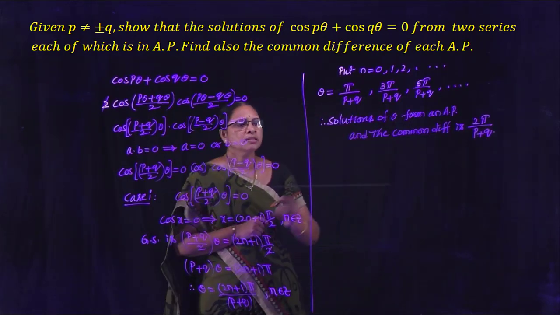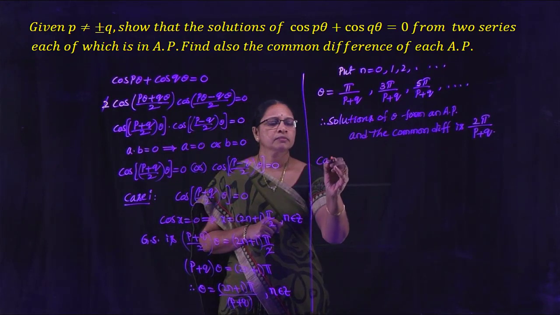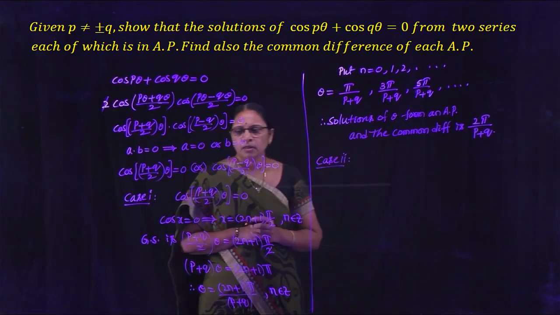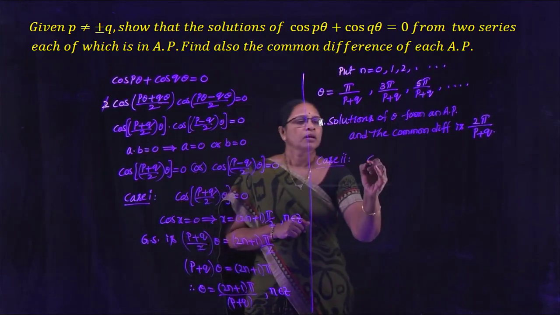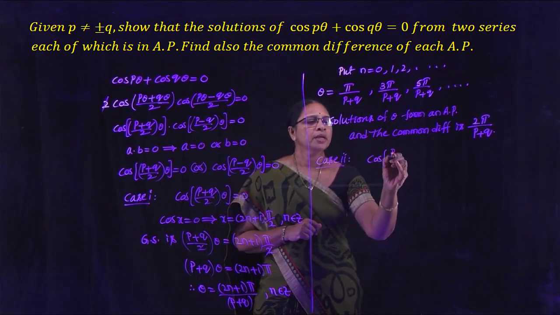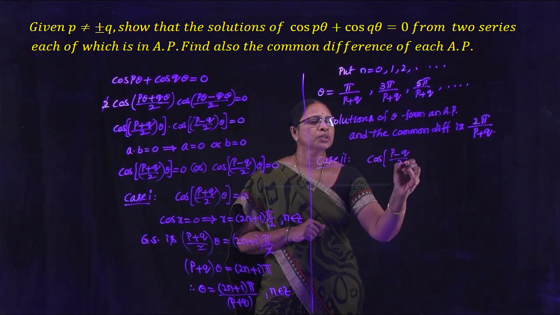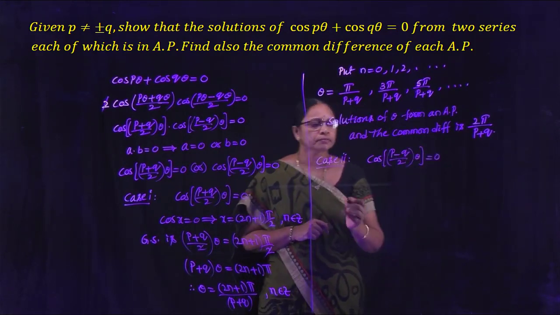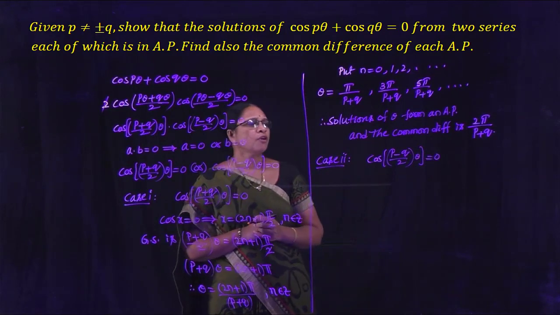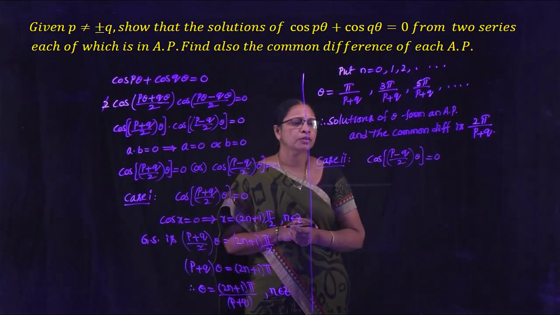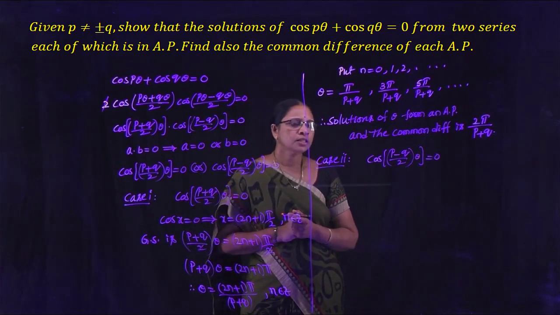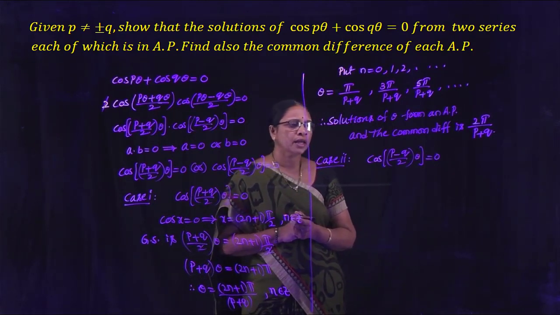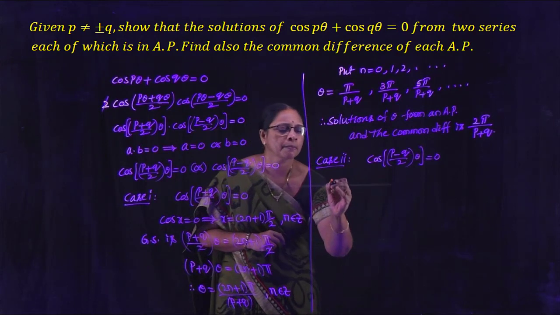Coming to the second case, case 2. Here cos of p minus q by 2 theta is equal to 0. Now it is in the form of cos x equal to 0. We know that general solution of cos x equal to 0 is x equal to 2n plus 1 into pi by 2.